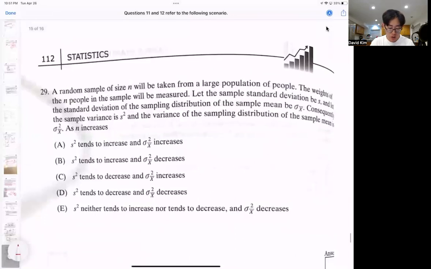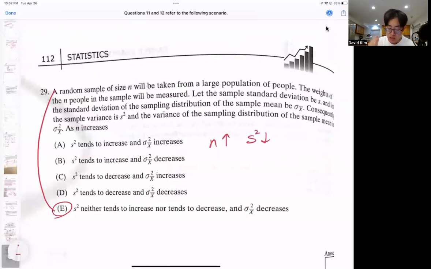Number 29. 29 is also one of those things that I just was not able to get. The correct answer here, they said, was E. I tend to disagree. n is a sample size. And remember, whenever you're increasing the sample size, your standard deviation has to decrease. That's how I always thought of it.